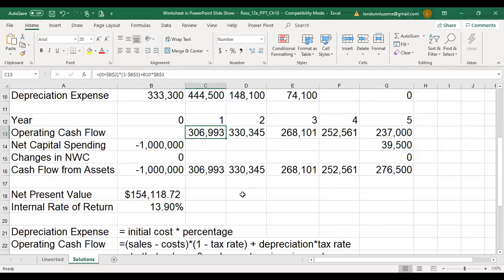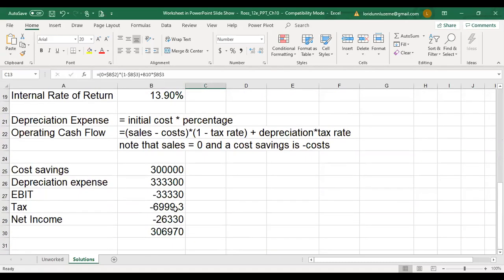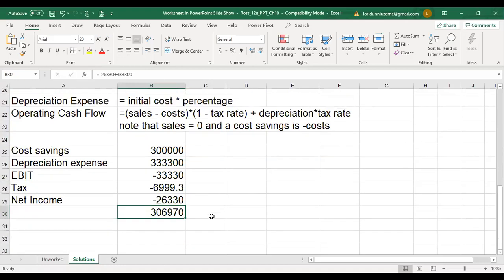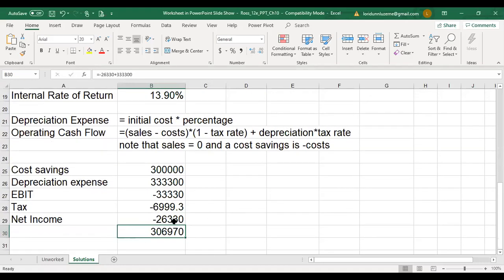No, I'm lying. Maybe this was a little bit more. B27 to, oh, it's off a few dollars because of the way I did it here. I think it saved it from when I did it. I didn't subtract the 69,999.30.